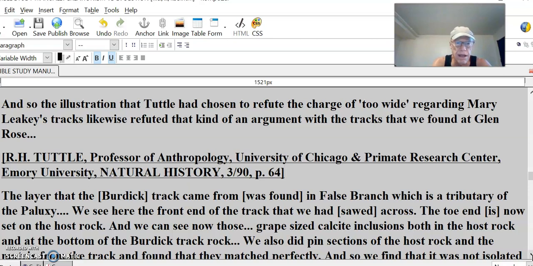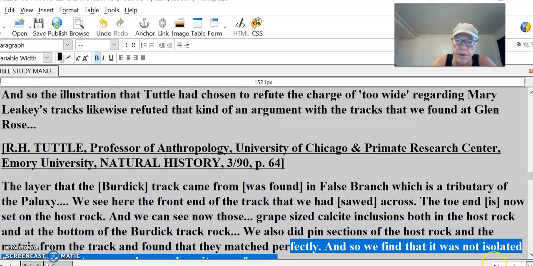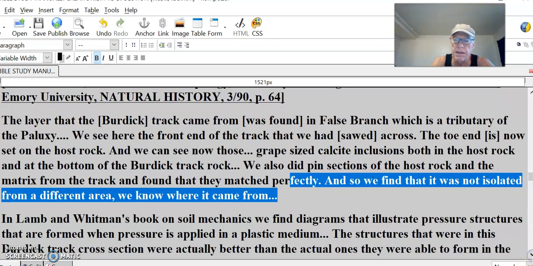The toe end is now set on the host rock, and we can see those grape-sized calcite inclusions both in the host rock and on the bottom of the Burdick track rock. We also did thin sections of the host rock and the matrix from the track and found that they matched perfectly. And so we find that it was not isolated from a different area. We know where it came from.